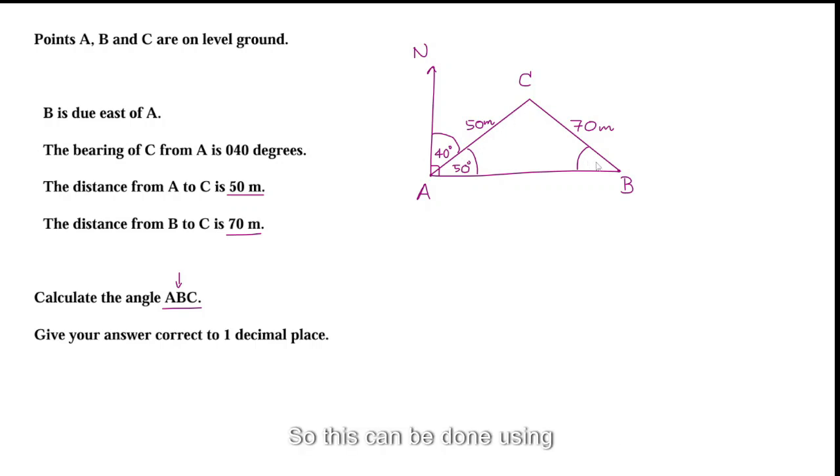So this can be done using the sine rule. a over sine A is equal to b over sine B is equal to c over sine C. Now let's say what we know. So we know one pair, which is A, the angle, and this is my lowercase a.